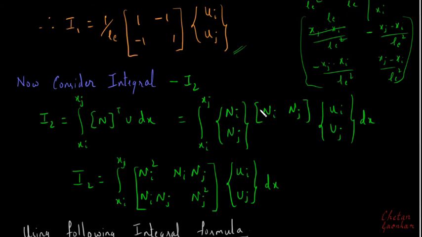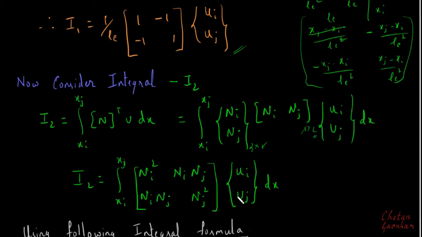And then if I cross multiply this, again this multiplied by this will be ni square, this multiplied by this will be ni into nj, this multiplied by this will be again ni into nj, and this multiplied by this will be nj square, because since this is 2 by 1 and since this is 1 by 2, I'll get finally the matrix as 2 by 2, and this we have kept as it is.